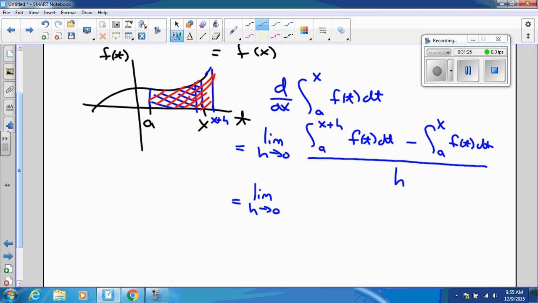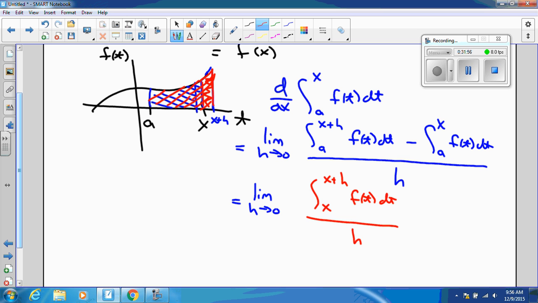And now when I subtract, what I am left with is just this area right here. Just that little tiny rectangle. And it is tiny because h is going to be a number close to 0. So that the whole top now simplifies to this integral right here.